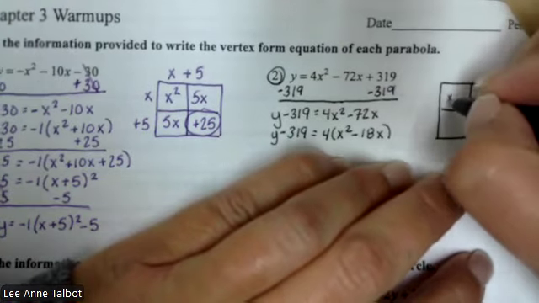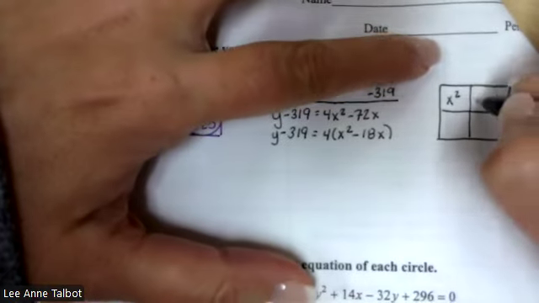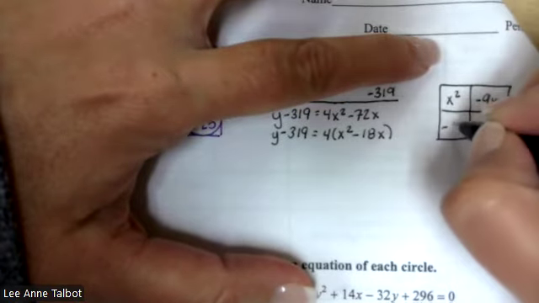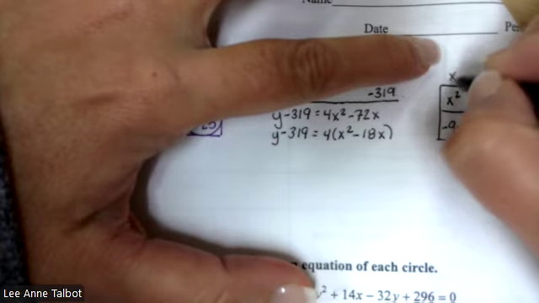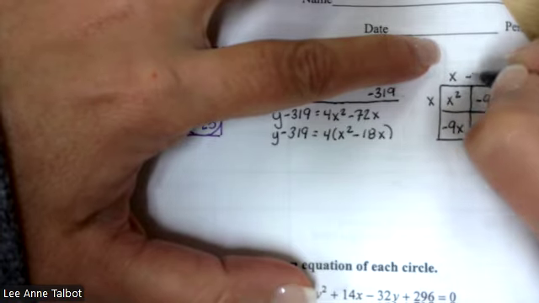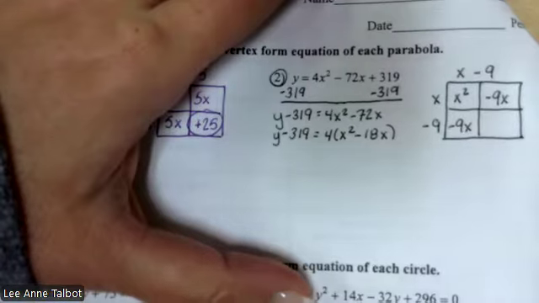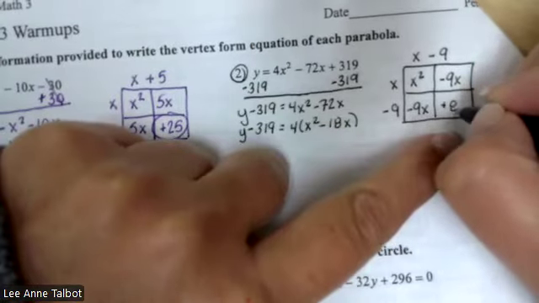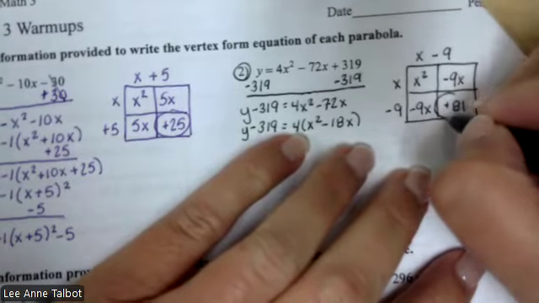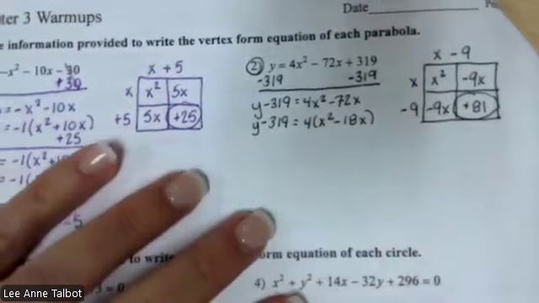Okay, x squared, negative 18, a break into negative 9 and negative 9. 81.